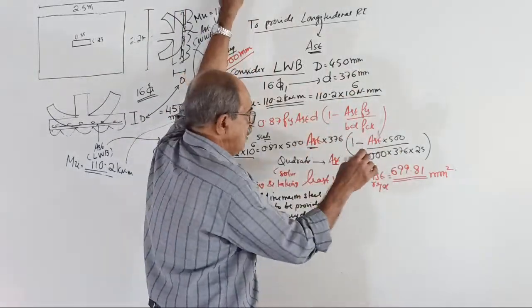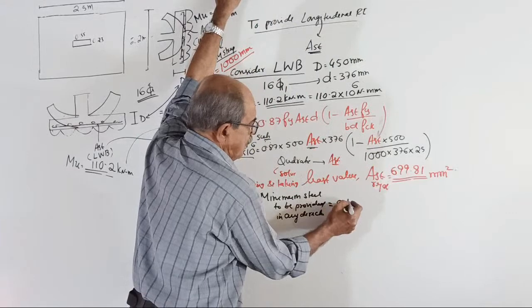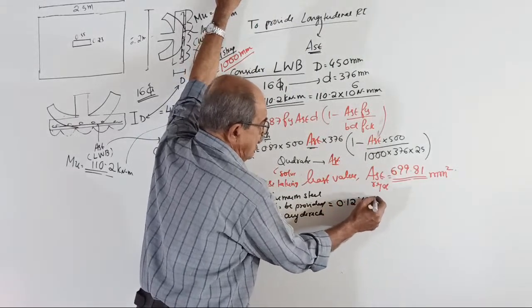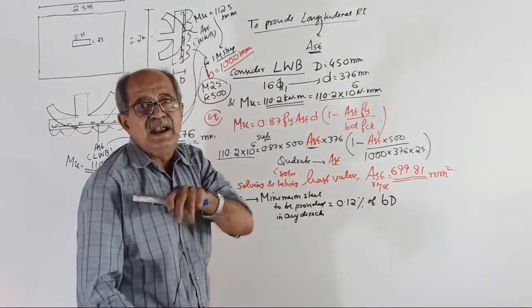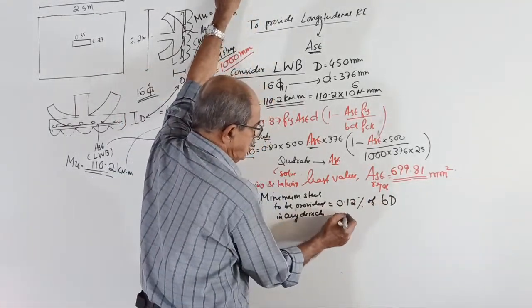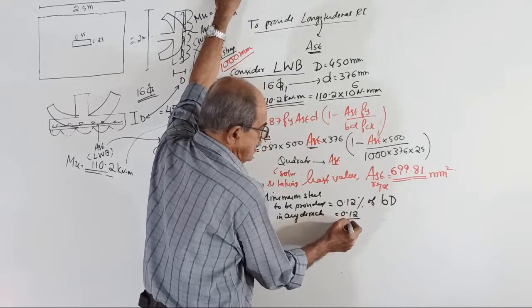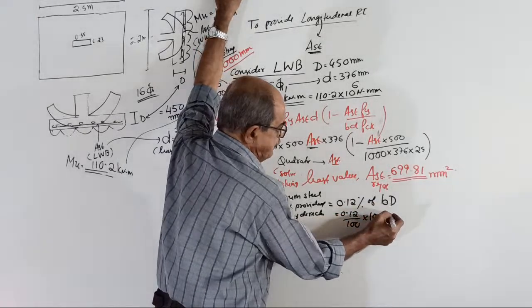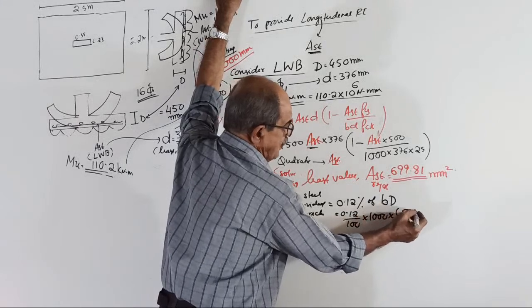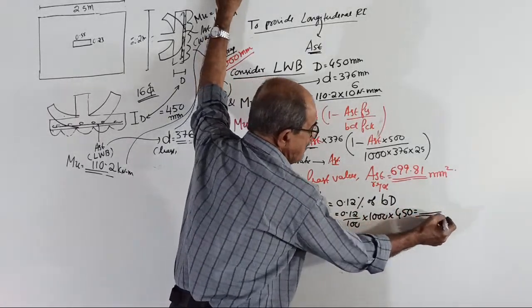So remember, for Tor steel it is 0.12% of B into capital D, equal to 0.12 divided by 100 into B is 1000, capital D is 450. What is the minimum steel you have to give?